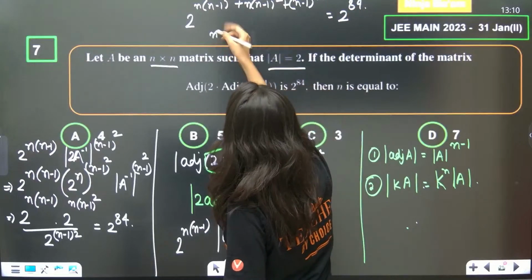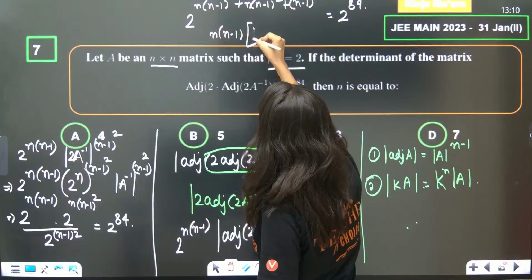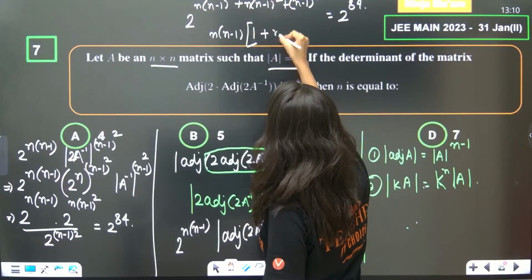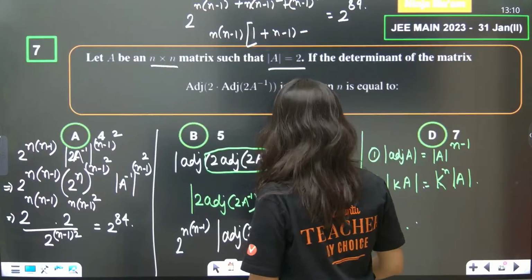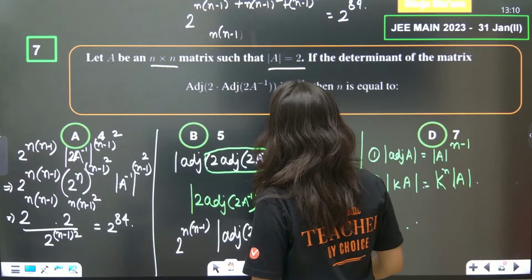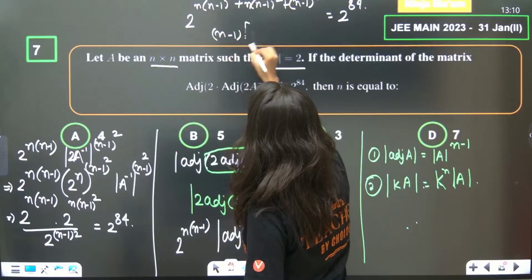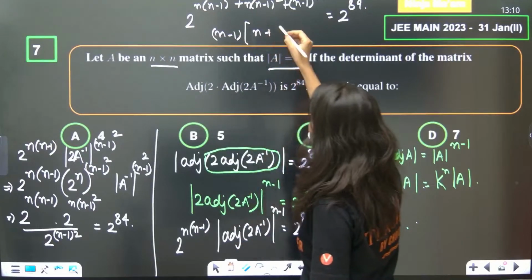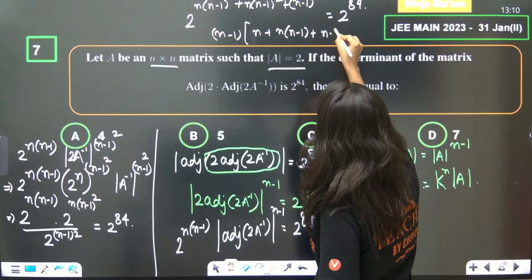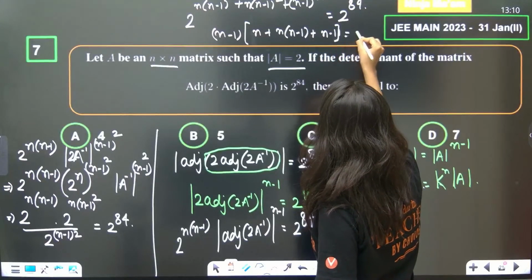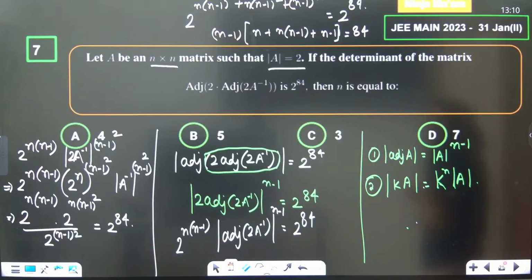So n minus 1, let's take common. Compare the power. N cannot be taken common, sorry. N minus 1 only can be taken common. So this is n plus n minus 1 plus n minus 1 is equal to 84. Alright.